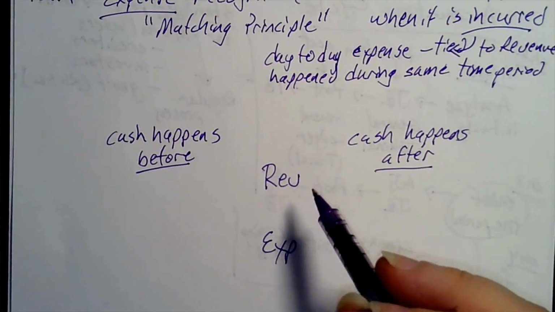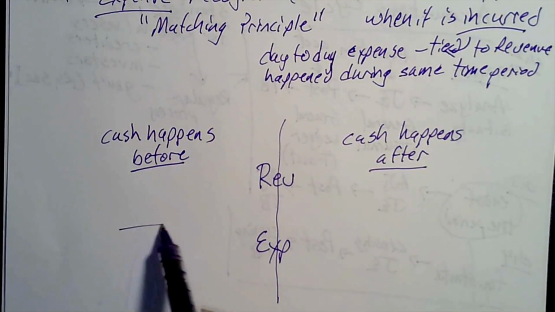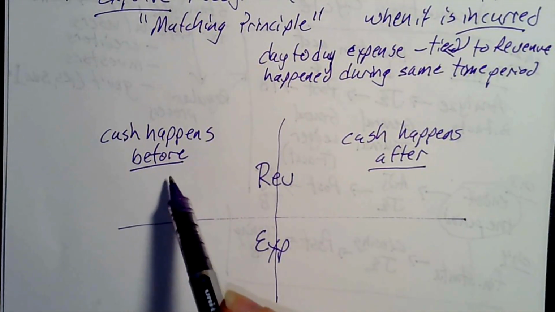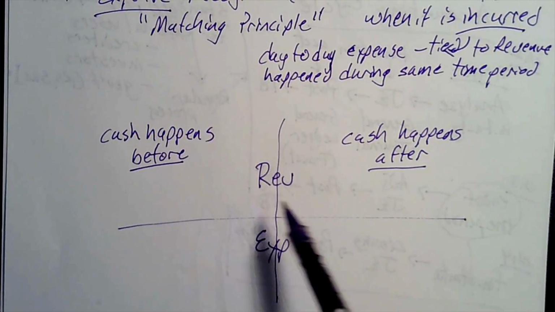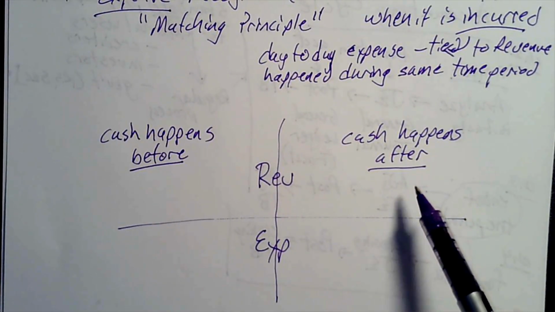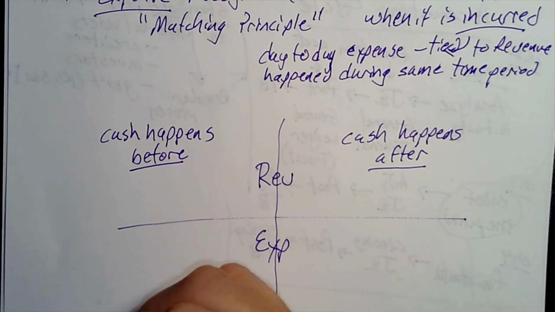So you notice we've got sort of a 2 by 2 matrix, right? We've got revenues with cash happening before, revenues with cash happening after, expenses with cash happening before, and expenses with cash happening afterwards. And those are our 4 adjusting journal entries.